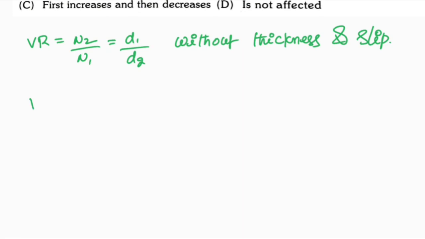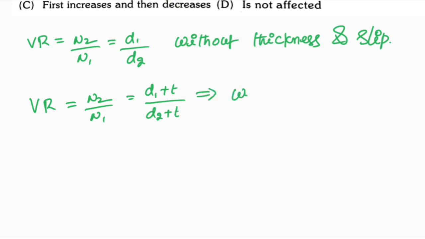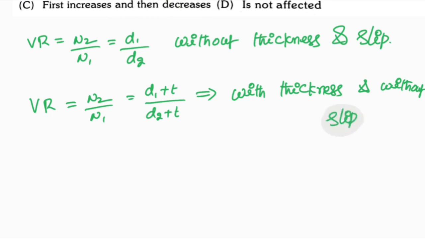Okay, so velocity ratio with thickness is n2 by n1 equal to d1 plus t divided by d2 plus t, with thickness and without slip. Anyhow, he does not speak about the slip. You need not consider that slip factor.